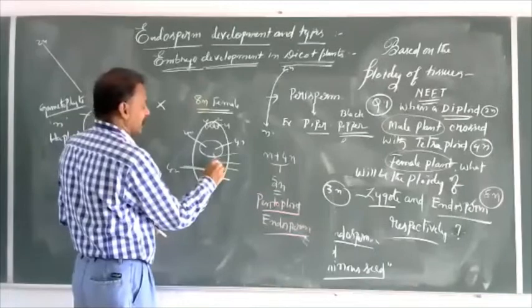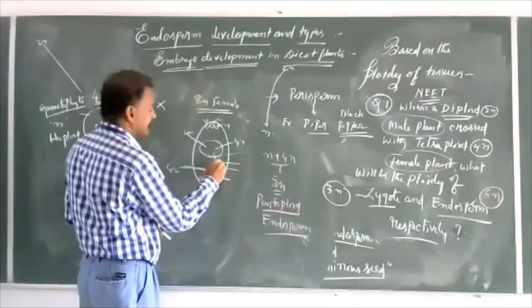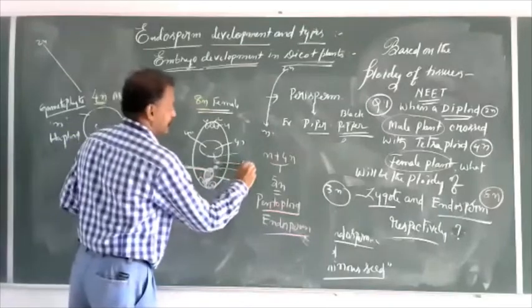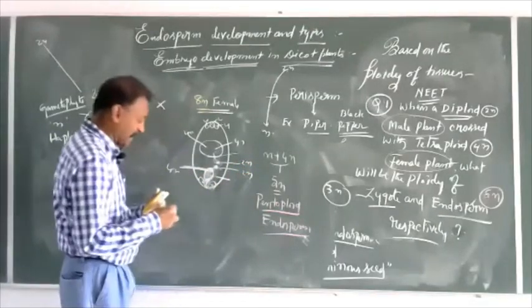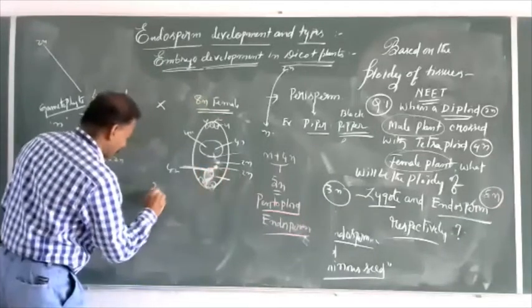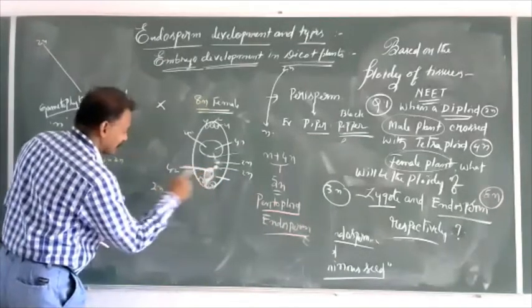Male gametes 2n, 2n. One male gamete 2n fuses with the egg 4n.